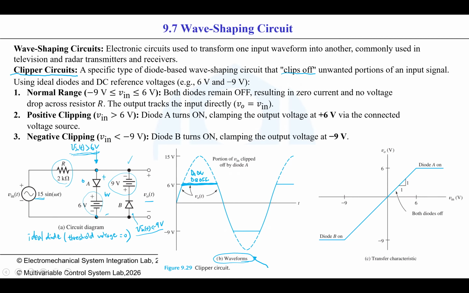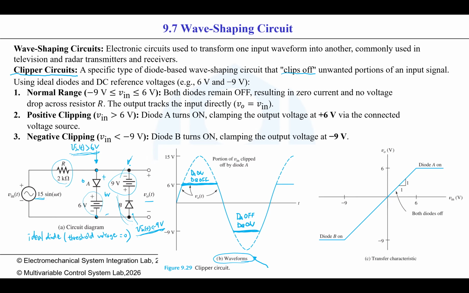Now let's look at this branch. If V in t is smaller than minus 9 volts, it means this segment: DA off, DB on. If a diode is off, it means it is an open circuit.